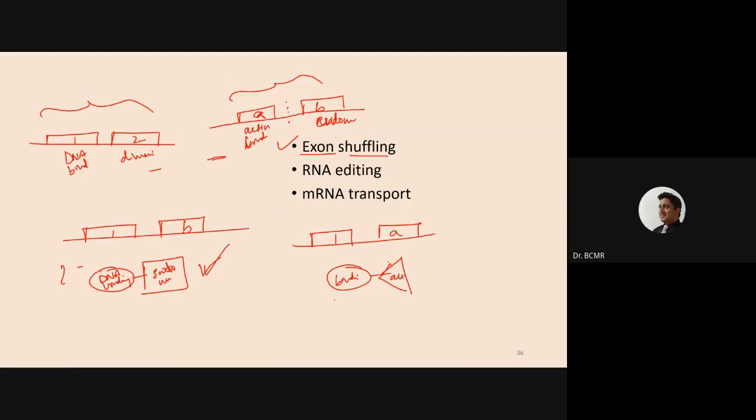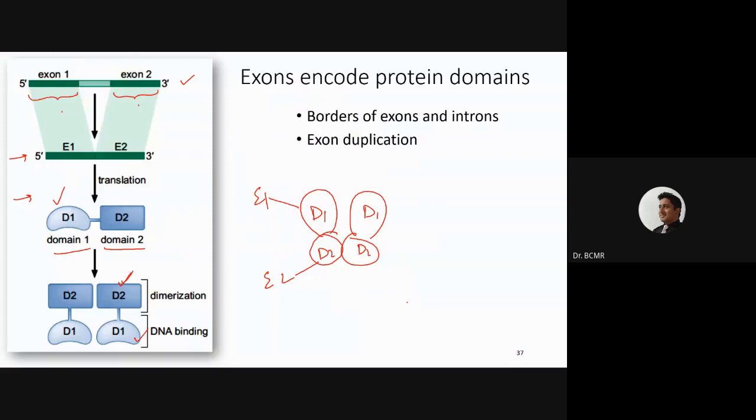This is the term exon shuffling, because introns are present, you have the liberty of recombination happening, and as a result you have so many different types of genes forming, because of which versatile proteins, or diverse proteins, could be formed.